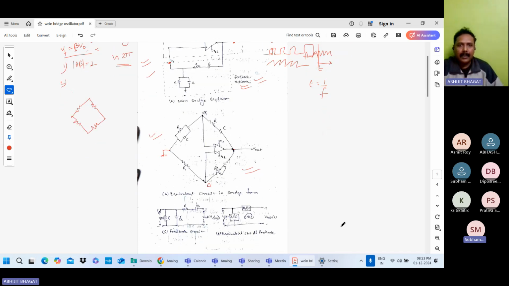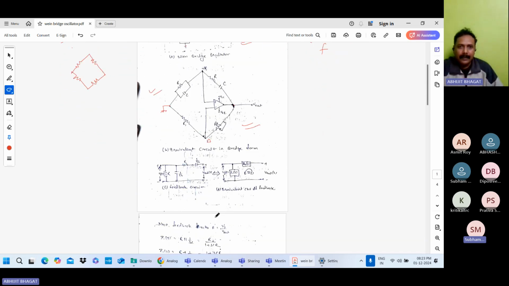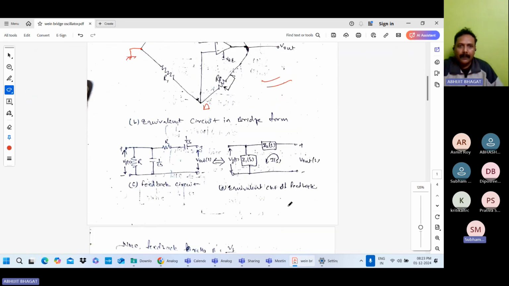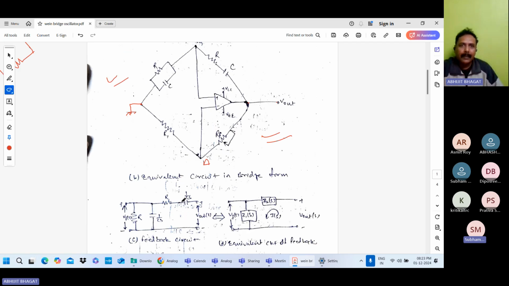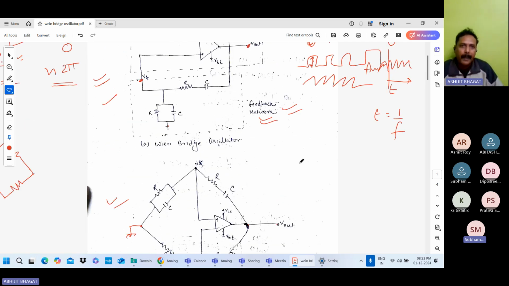Next is the feedback circuit of the first circuit. So look, this circuit is the feedback circuit, meaning whatever the feedback network is, this portion. A separate circuit has been made for this portion.